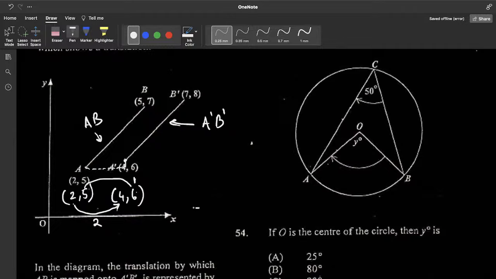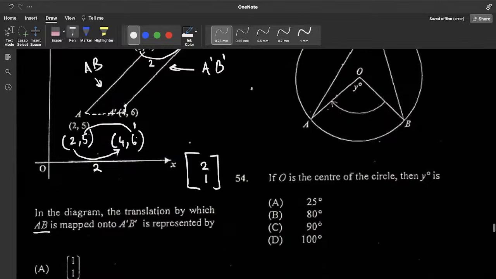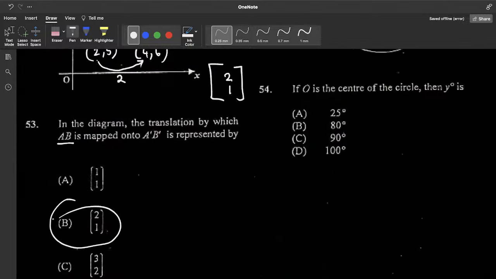So if I had to write it as a vector, it would be 2, 1. Let's check it for over here now. Same thing, from 5 to 7, we move 2 to the right. And then for this one, 7 to 8, we move 1 up. So it's the same concept, 2, 1. That would be our answer. We have it here, which is this.